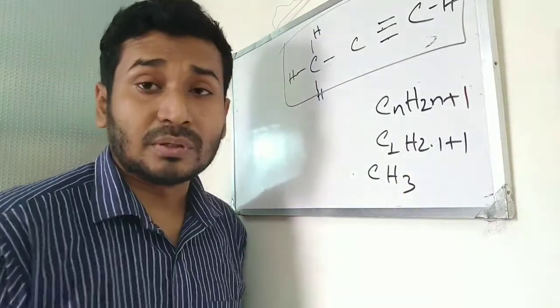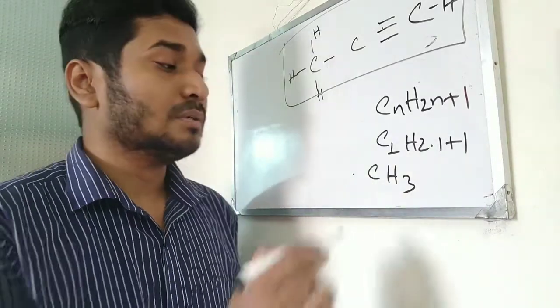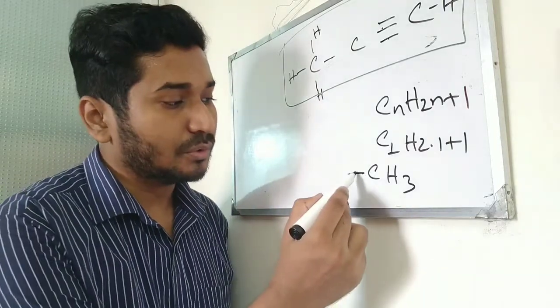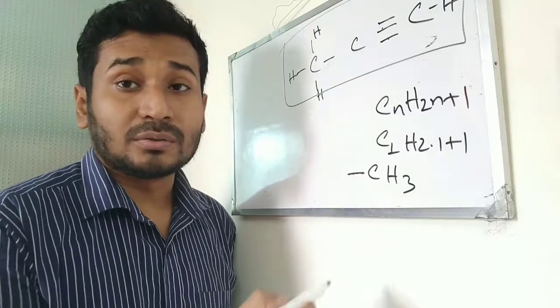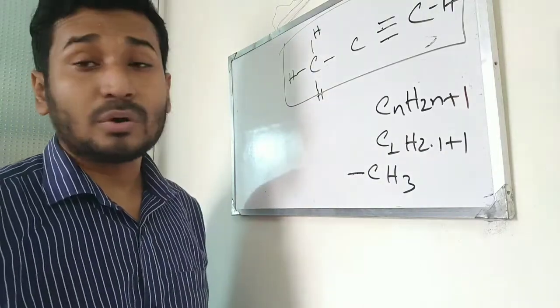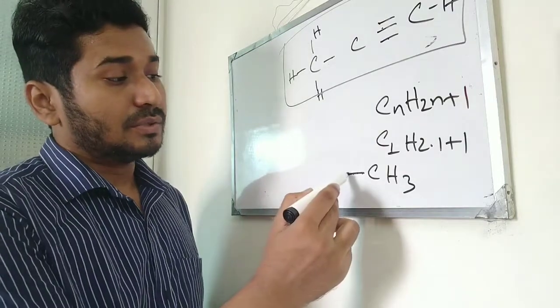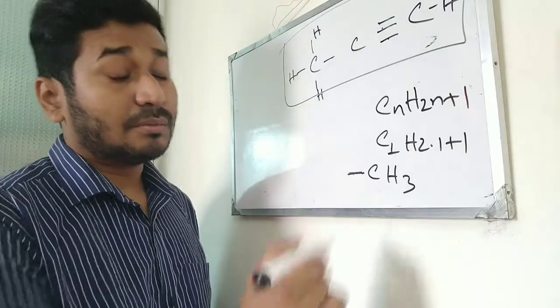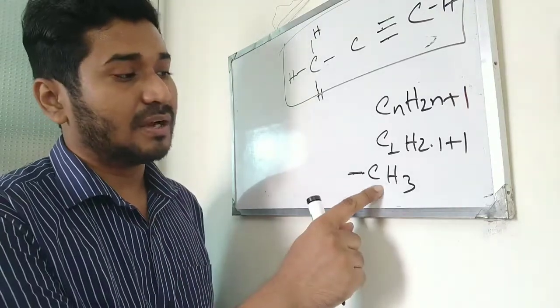And you know the bond of carbon is 4, and one bond is still left blank. That's why it's called a radical, and it's interested in making a bond with another thing. That's why it's called alkyl. And the first member of alkyl is methyl.